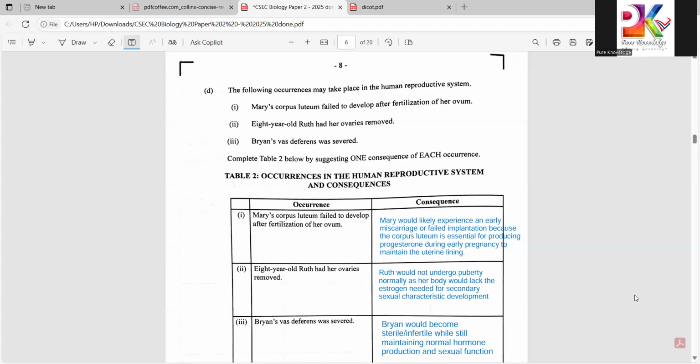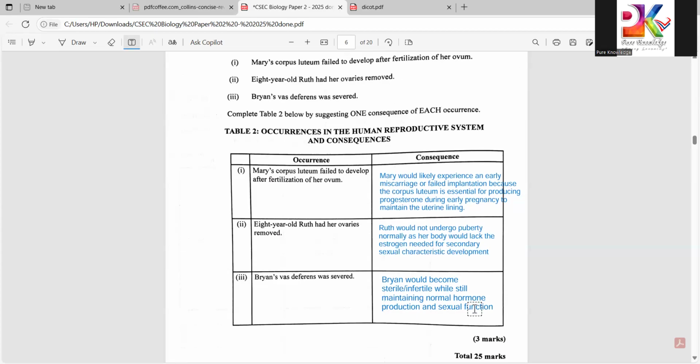Next, we said Brian's vas deferens was severed. And that means that Brian would be sterile. He wouldn't be able to have a child, because the vas deferens, remember guys, transports mature sperm from the epididymis to the urethra, where it mixes with other fluids to form semen.